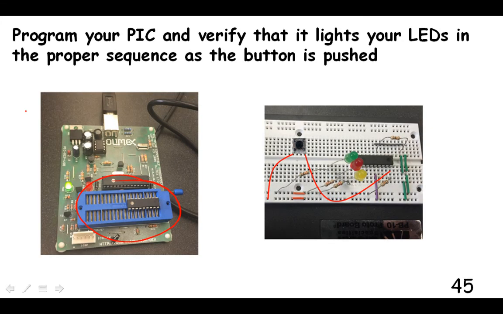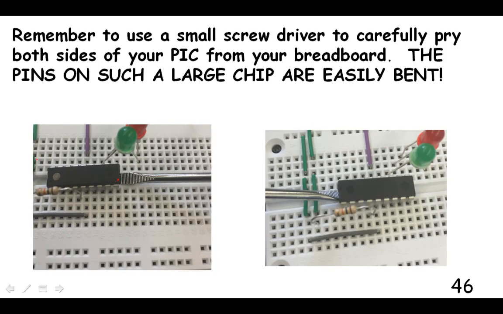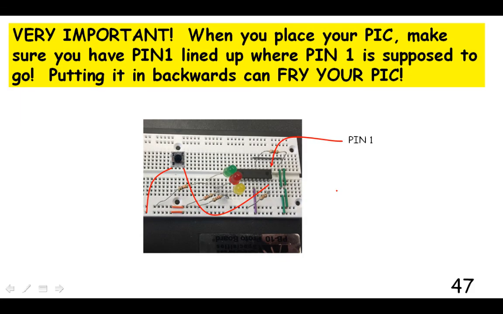Okay, so then you burn the program into the PIC, put it back into here. Make sure that when you're taking this off, especially when you're taking it off, be very careful that you don't bend those chip's pins. So use your screwdriver to pry that up. Very important. We had somebody last week who, I won't say who, but they put their PIC in backwards and it burnt up.